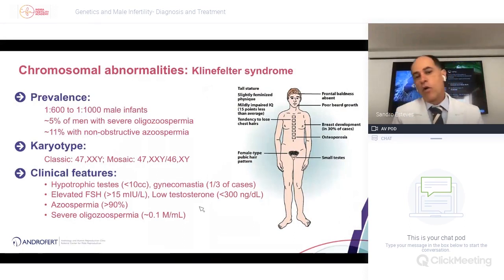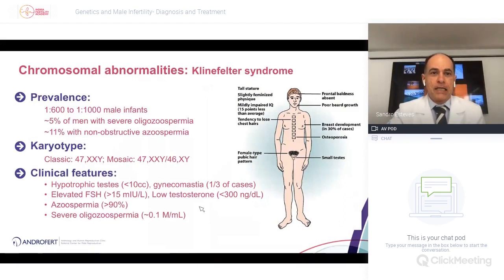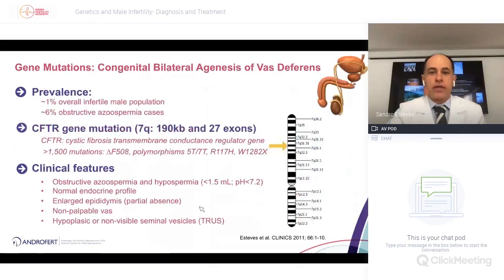As I said before, most of these patients will have azoospermia, but we have some patients, especially the mosaic Klinefelter syndrome men, with a severe oligozoospermia. The other condition that we need to think of when we see a patient with azoospermia is related to gene mutations.